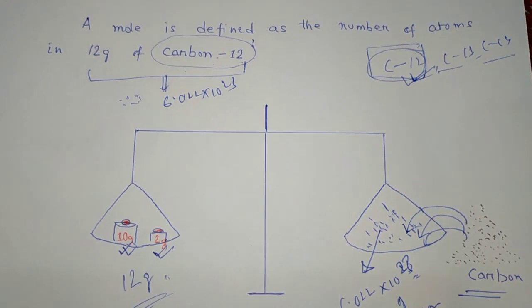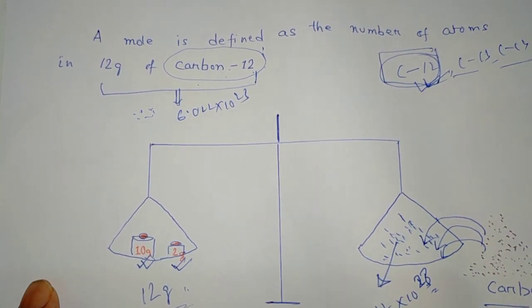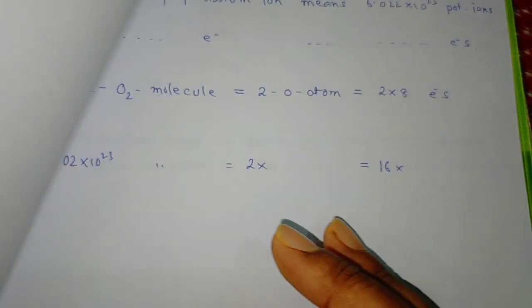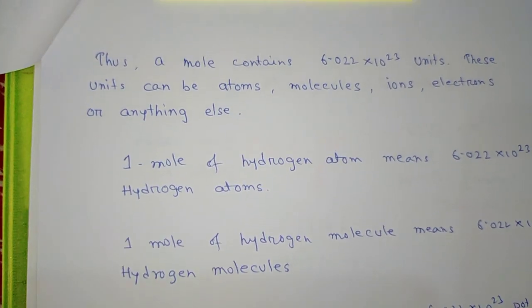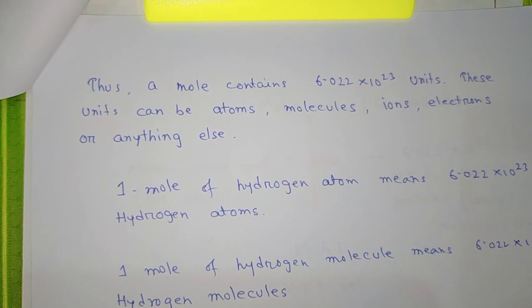Now, on the next page, what we have to learn: a mole contains 6.02 × 10^23 units. These units can be atoms, molecules, ions, electrons, or anything else.